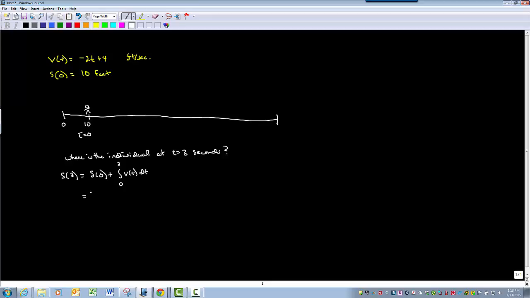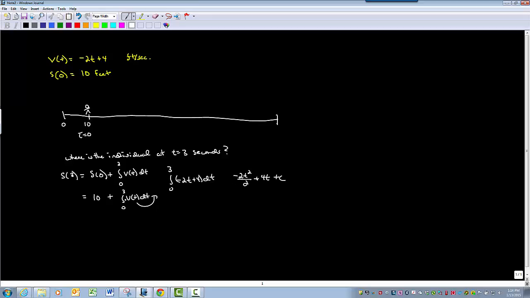So if we calculate that, we know the initial position is 10. And now our displacement is the integral from 0 to 3 of v(t) dt. Let's compute this. That's the integral from 0 to 3 of negative 2t plus 4 dt. So we'll work on an antiderivative here. That antiderivative is negative 2t squared over 2 plus 4t plus the constant of integration.